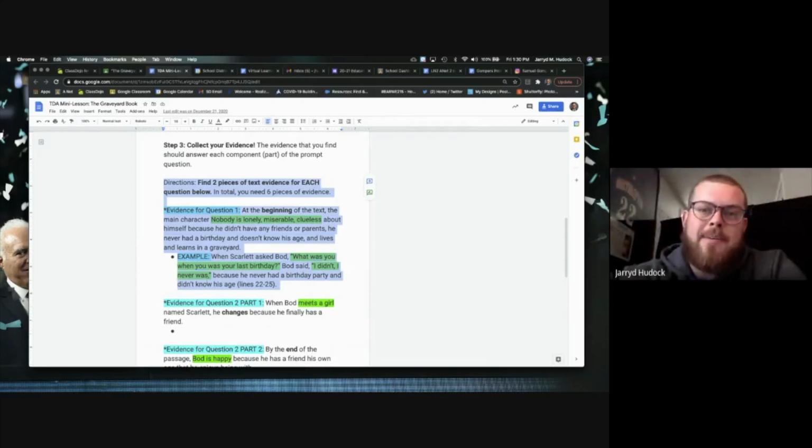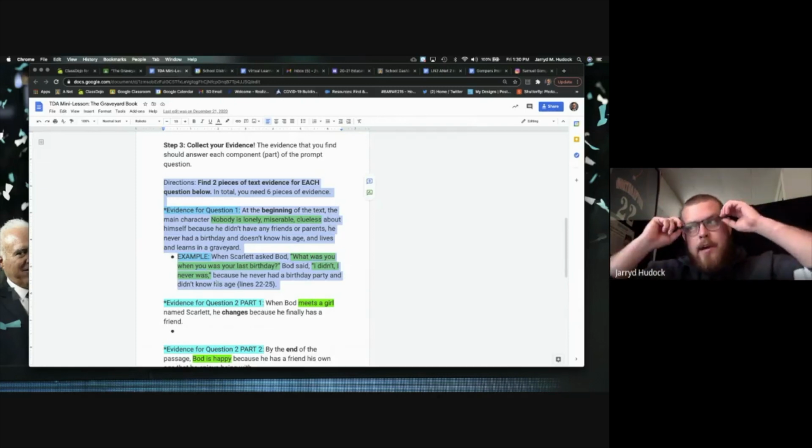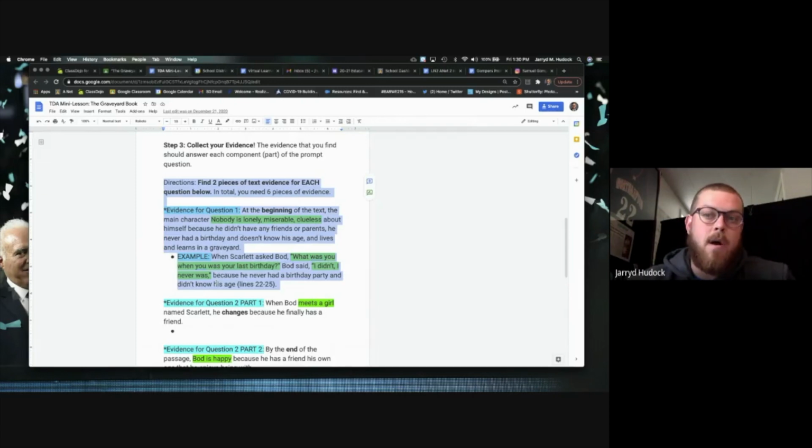And I'll say too, along with that, ANET is very, very helpful to pull question stems from. There are question stems on ANET for texts that you can apply to any text that you're reading. That's really helpful. Also keep in mind that your TDA, or really any reading that you're doing, should be focused on one or two standards.